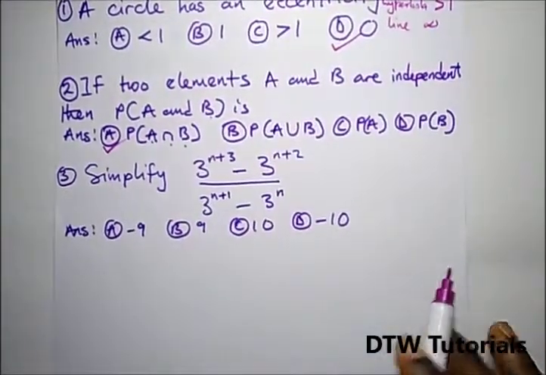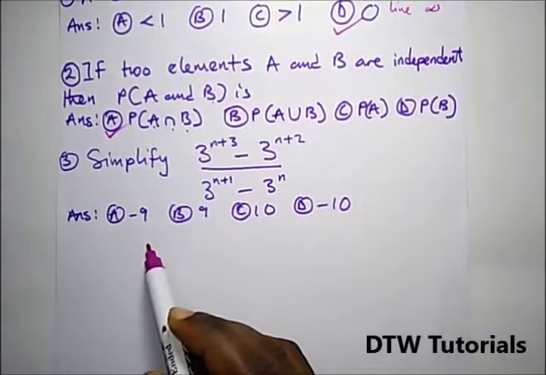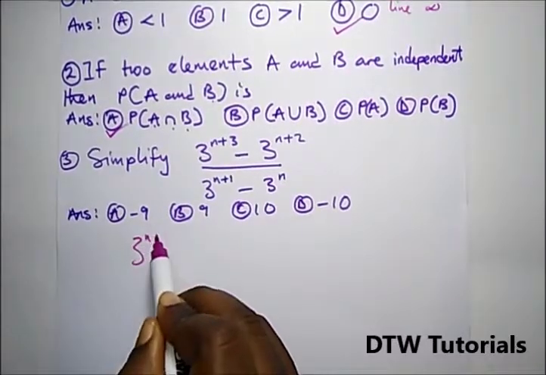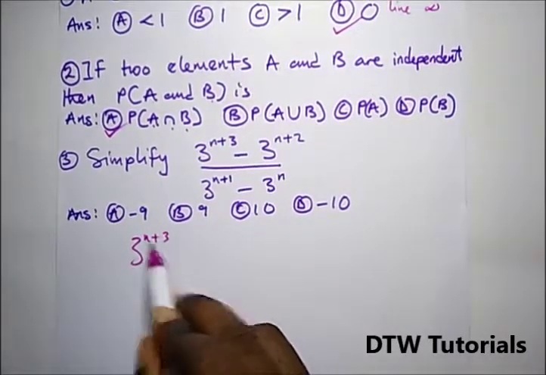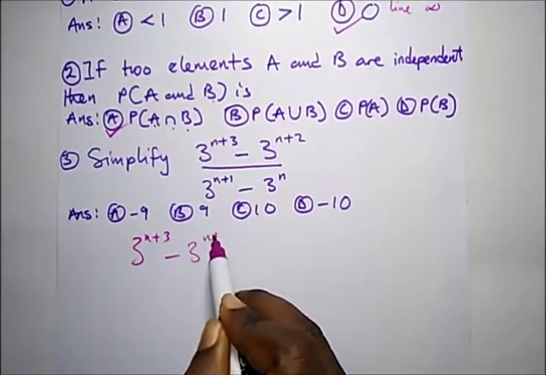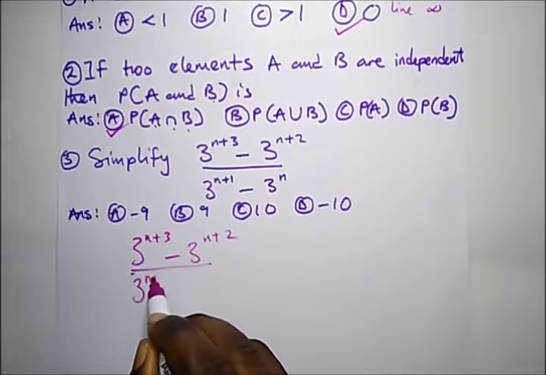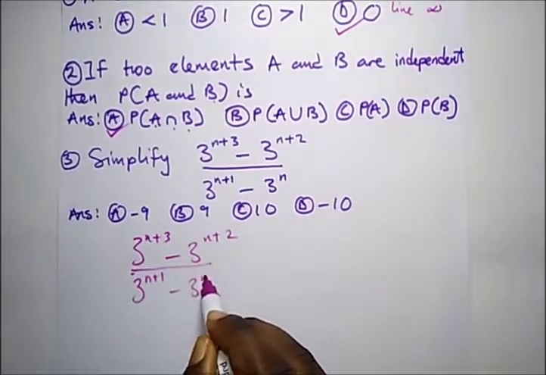Now our next question says simplify this. This we have to solve. So simplify this, we have 3 raised to the power n plus 3 minus 3 raised to the power n plus 2, divided by 3 raised to the power n plus 1 minus 3 raised to the power n.